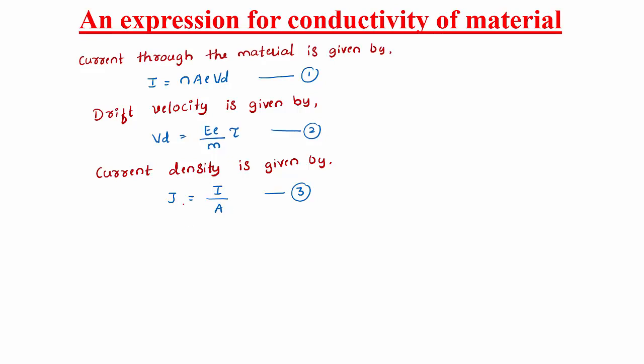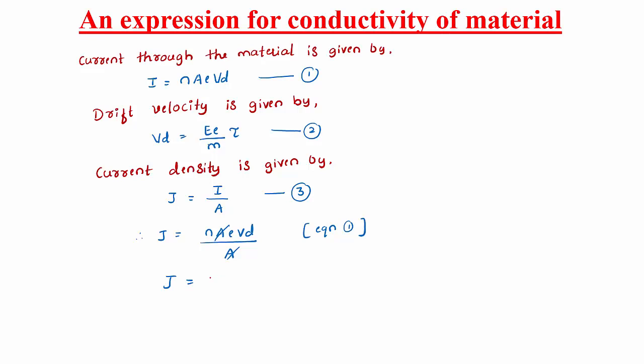Now, I am going to write this equation as J equal to, in place of I, we can write the above equation 1. Substitute here n A e into Vd divided by capital A. This is just from equation 1. Now here A will get cancelled.